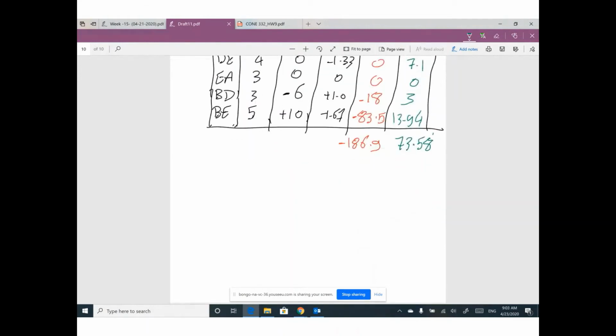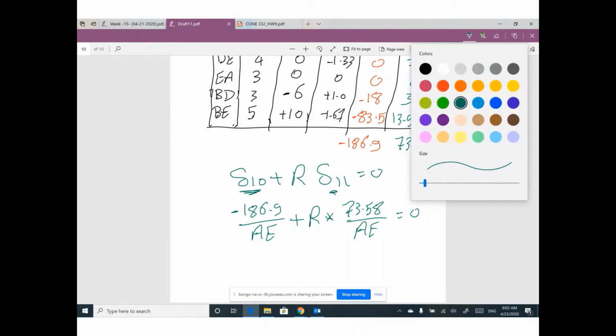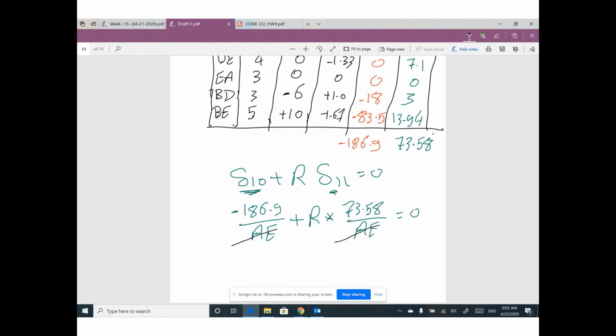So delta 10 plus R delta 11 equals 0. The first term will be negative 186.9 over AE, plus R. The second term, delta 11, equals 73.58 over AE, equals 0. I can remove AE from both terms.